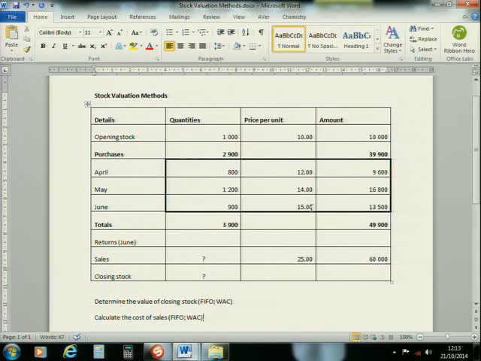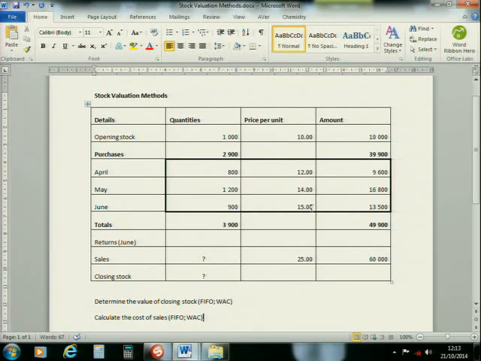And to determine the value of closing stock using weighted average cost, you need to multiply the number of units remaining by the weighted average cost. Then that will give you the value of closing stock using the weighted average cost method.